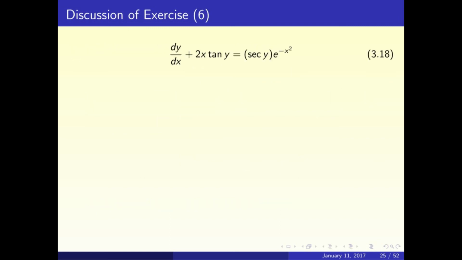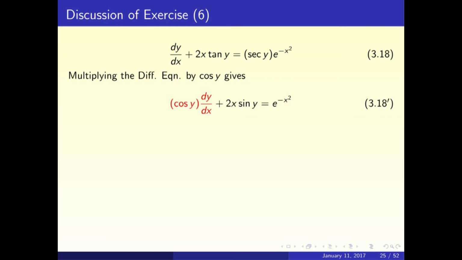So what's the equation? dy by dx plus 2x tan y equals secant y e to the power minus x squared. So what was proposed? Multiply by cos y. So when you multiply by cos y, what happens? You get this term in red, cos y dy by dx plus 2x tan y cos y, which is sin y. And from the right hand side, the secant y cos y becomes 1. You get equation 3.18 prime.